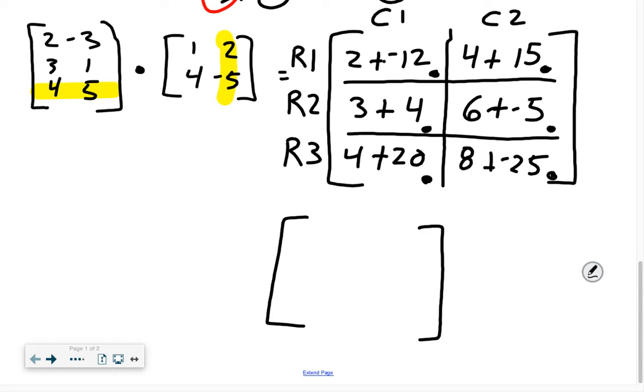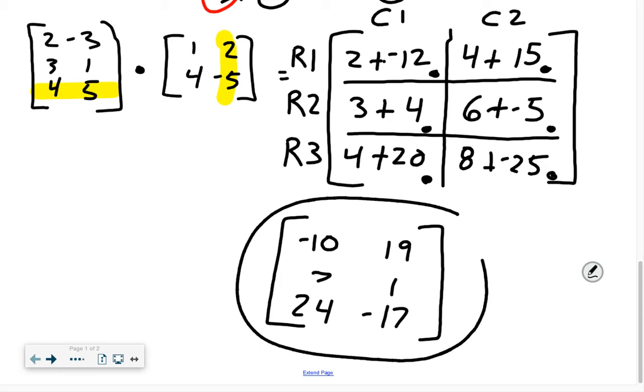Let's add them together and we're done. 2 and negative 12 is negative 10. Negative 25 and 8 will get us negative 17. There it is.